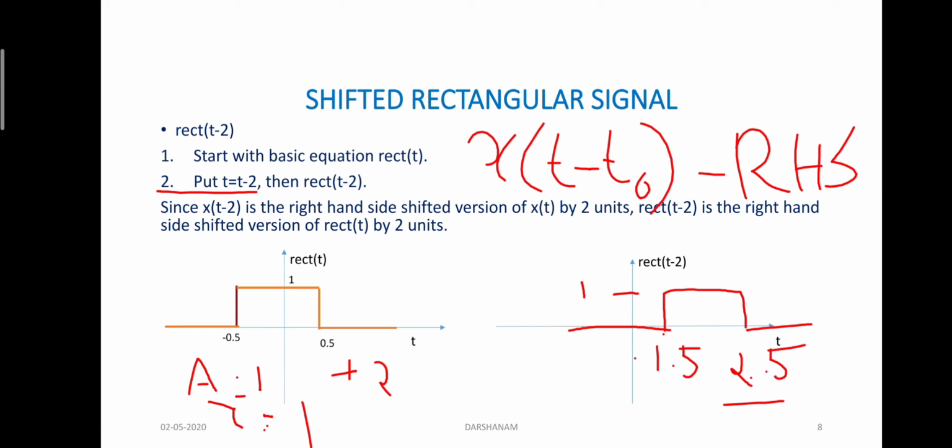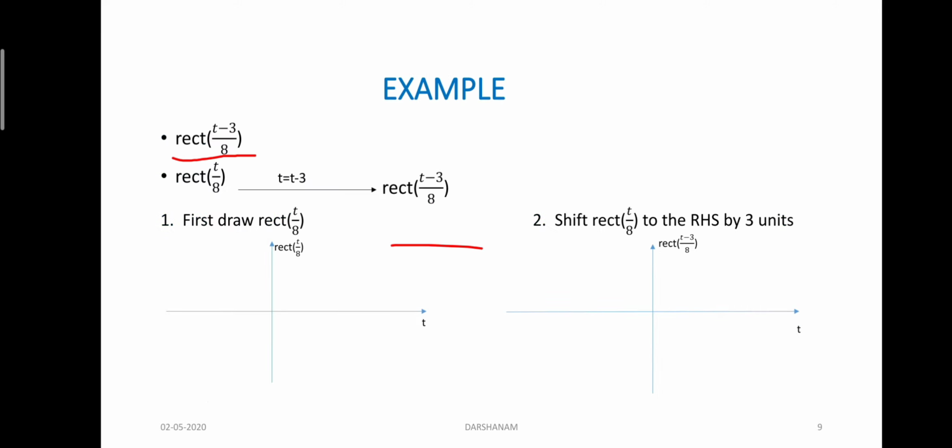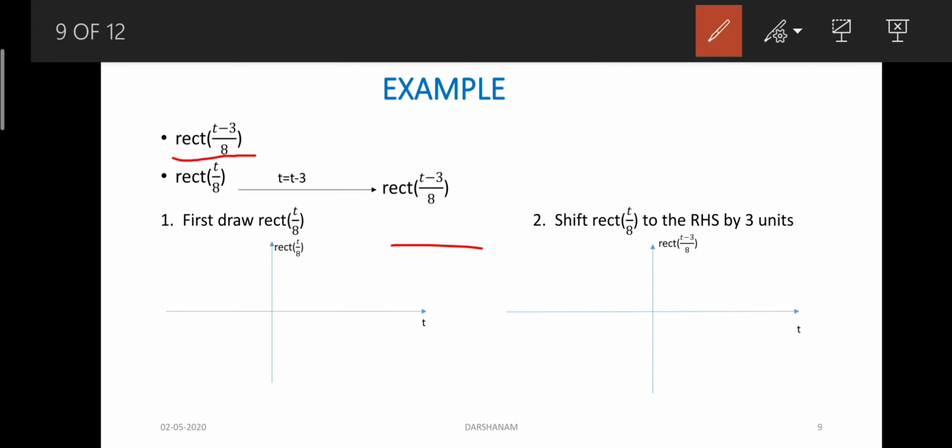So let's do some other possible questions, that is rect of t minus 3 by 8. Here rect of t minus 3 by 8 is the function which is the right hand side shifted version of rect of t by 8, by putting t equal to t minus 3.